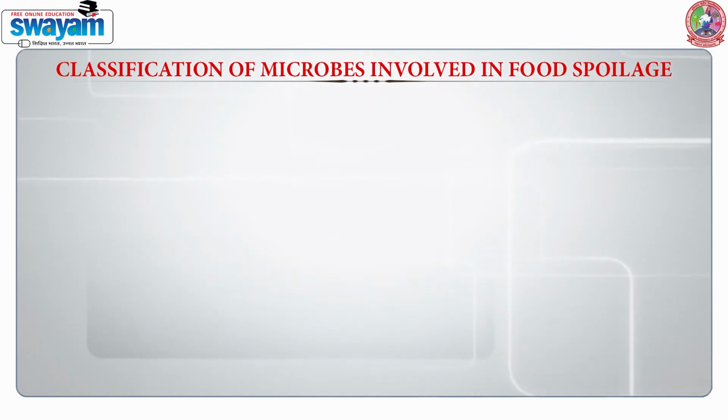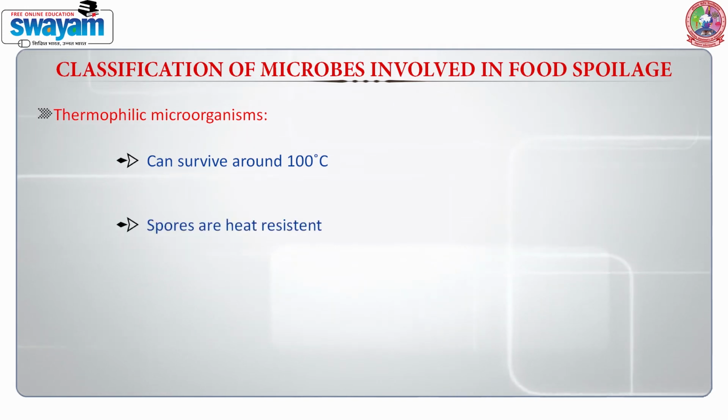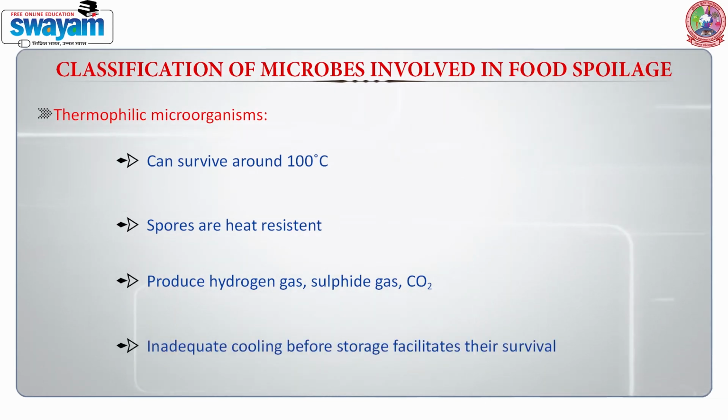Depending on their temperature preferences, these may be thermophilic microorganisms, that is the ones which can survive a temperature of 100 degrees Celsius, and they are often spore producing organisms, and as a result the spores are resistant to heat and are responsible for producing hydrogen gas, sulfide gas, carbon dioxide, and inadequate cooling before storage facilitates their survival.